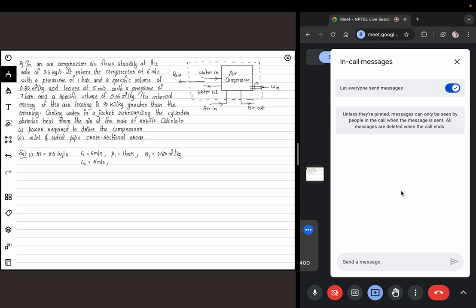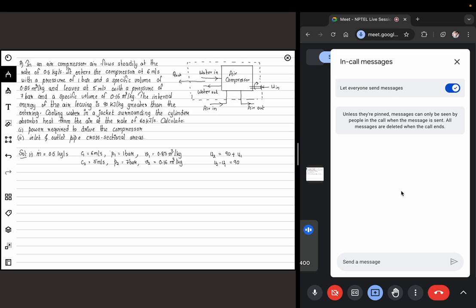We know the final velocity, final pressure, and the final specific volume. It is given that the internal energy of the air leaving is 90 kilojoule per kilogram greater than that of entering. So U2 is 90 plus U1, so U2 minus U1 is 90.